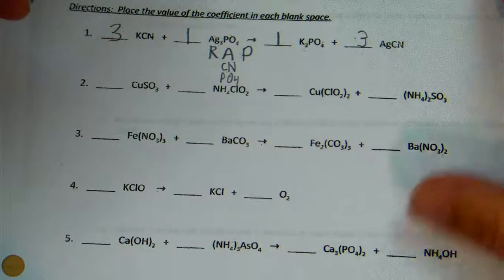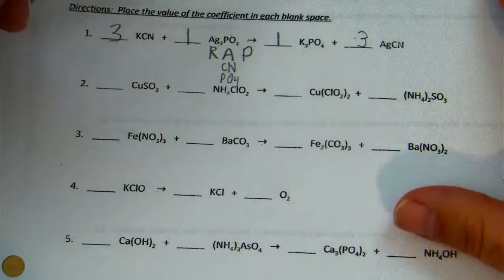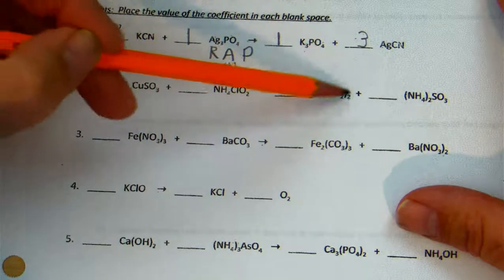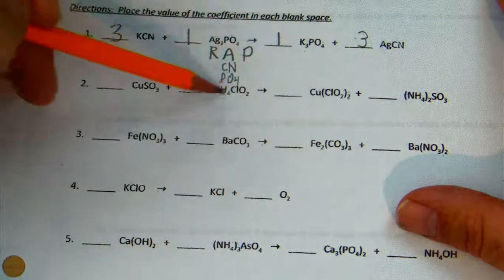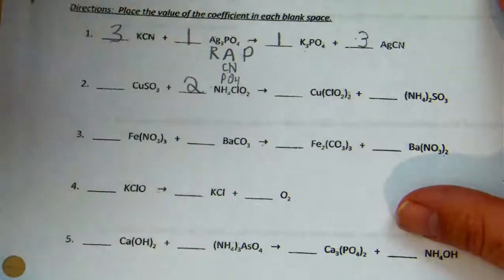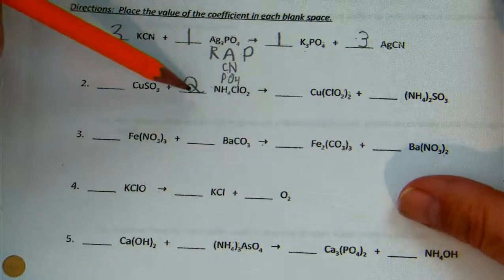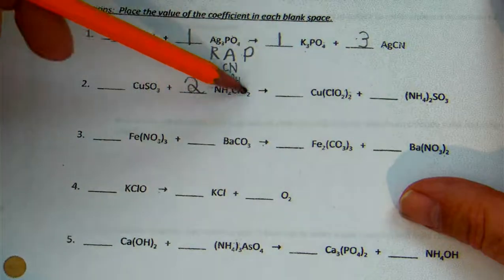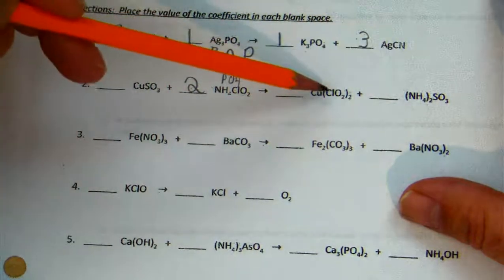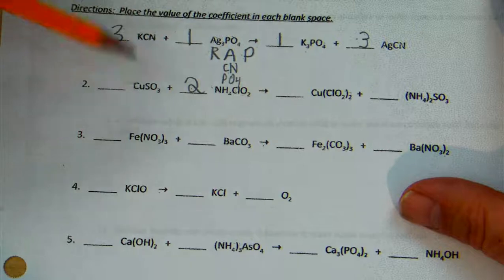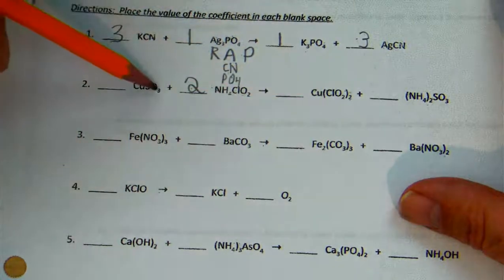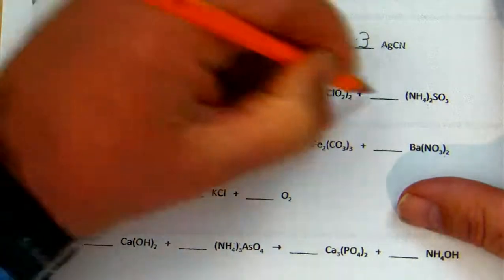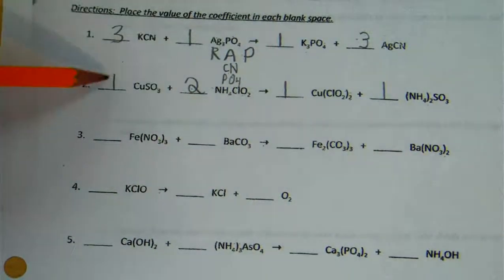And as I work through my rap sheet, I see I have 2 ammoniums on the right, 2 chlorites on the right, but only 1 of each on the left. So let's try a coefficient of 2 on the second reactant. 2 ammoniums, 2 ammoniums, 2 chlorites, 2 chlorites, 1 copper, 1 copper, 1 sulfite, 1 sulfite. This is now a balanced chemical reaction with coefficients 1, 2, 1, 1.